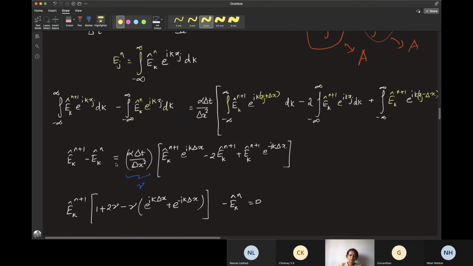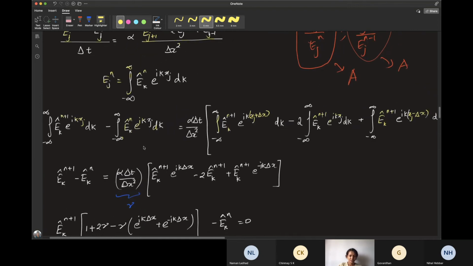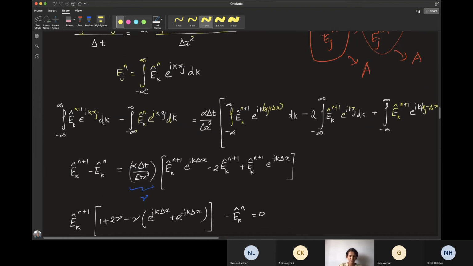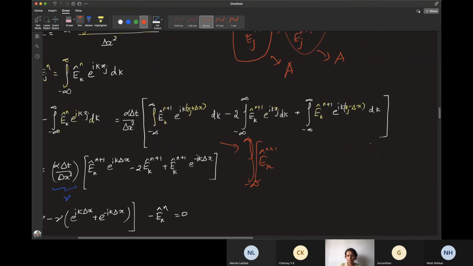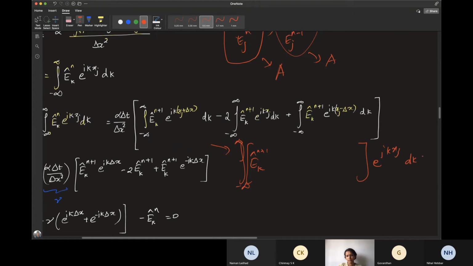So now combining all of them together, I've skipped some steps here. I'm just taking the integral common and keeping all the terms inside. We did it last time, right? We'll have this integration and we can take all the terms common, and then write e power ik xj outside.